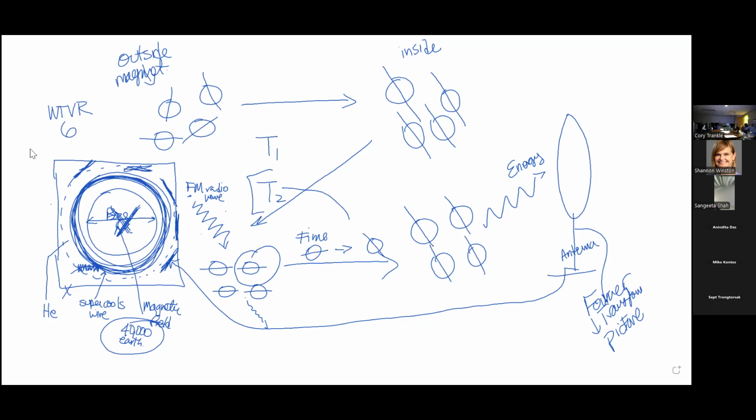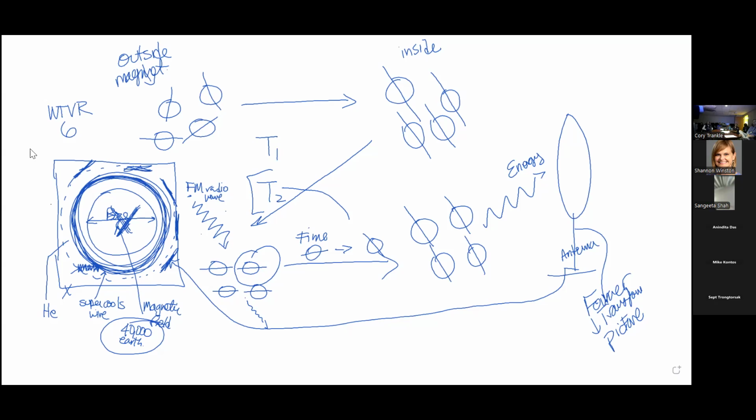And how often, what is roughly the time it takes to do that? On average, about 30 milliseconds. It's very quick, right? So you're inside the scanner, FM radio wave goes through, T2, you can measure that.